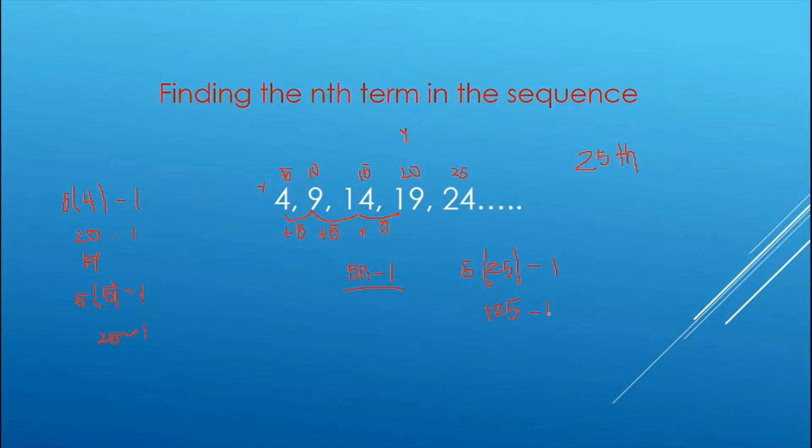The 25th term in this pattern is 124. So that's it. We don't need to go through the step-by-step process to get to the 25th term. All we have to do is identify our formula in the nth term to find the answer. You can also find the 30th term, the 40th term using our formula here, 5n minus 1.